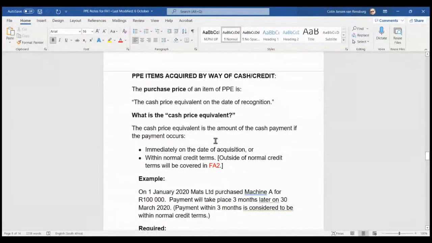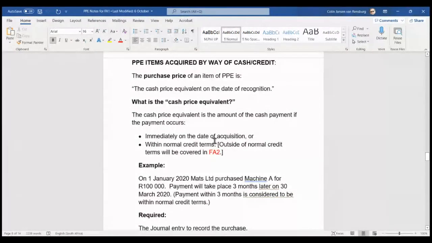Now we are going to start looking at purchase price and cost, but also how we actually go and record or recognize items. Now, ladies and gentlemen, we'll see a little bit later. We've spoken about that already last week, but we are going to talk about it again this week. We saw that the cost of property, plant, and equipment would normally contain, or could potentially contain, three factors, right?